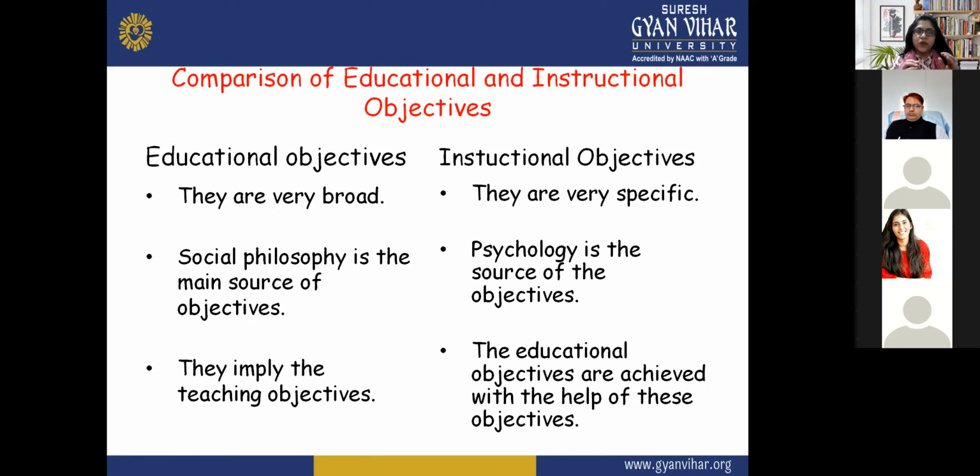Educational objectives are very broad. When you are talking about educational objectives, you are covering all the levels like cognitive, affective, and psychomotor, and you are preparing your children for behavioral changes. But students, instructional objectives are very specific.